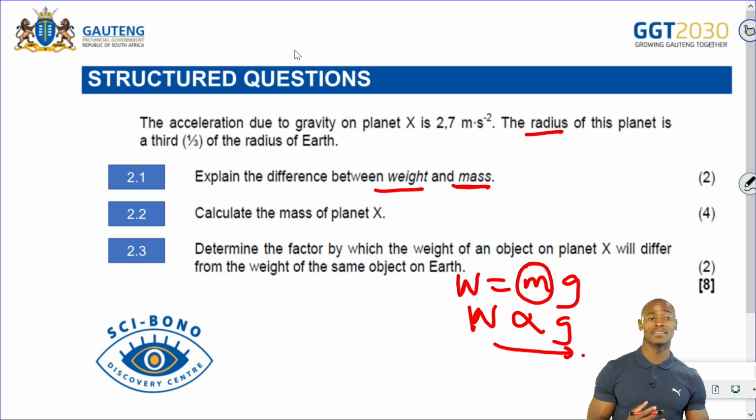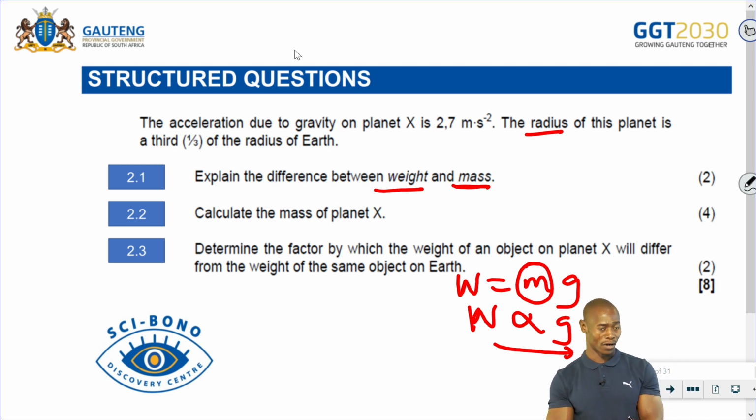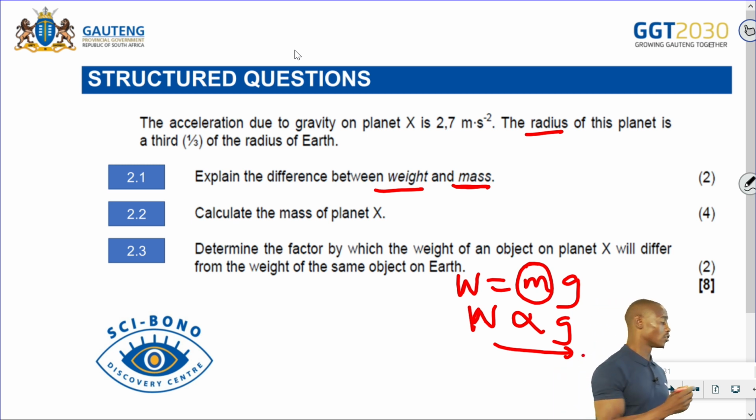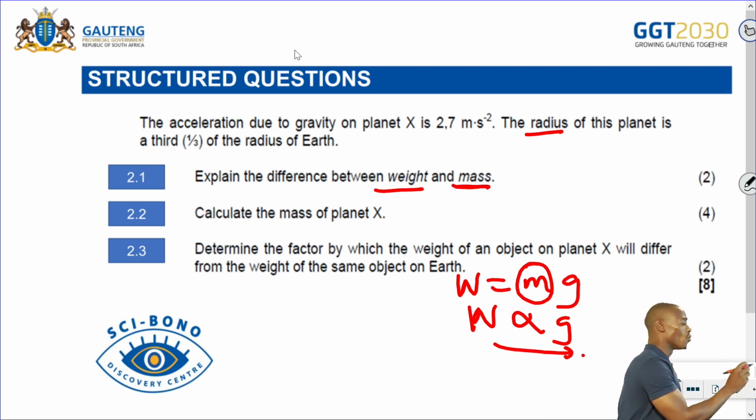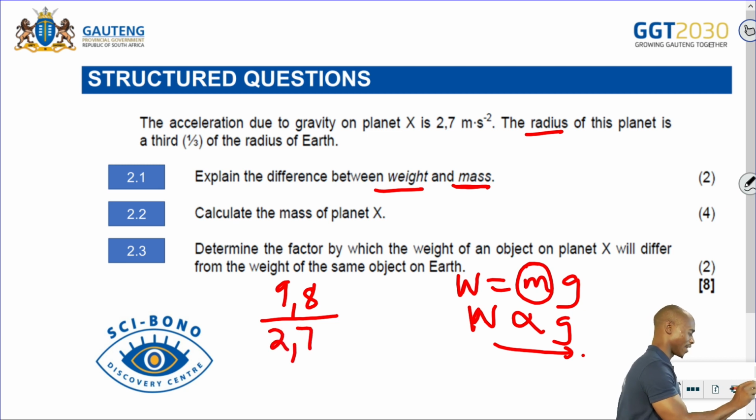So now, determine the factor by which the weight of an object on planet X will differ from the weight of the same object on planet Earth. On planet Earth we know the acceleration due to gravity is 9.8. Then on planet X we are given 2.7.